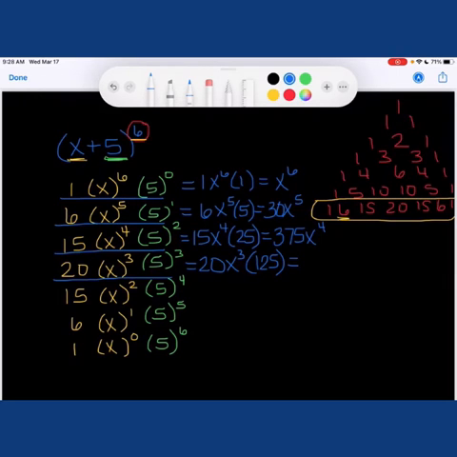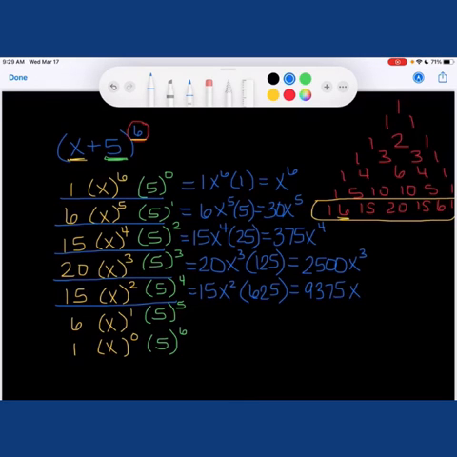So I multiply 20 times 125, which gives me 2,500x cubed. Next, I've got 15x squared, and 5 to the 4th is 625. So I multiply 15 times 625, which is 9,375x squared.